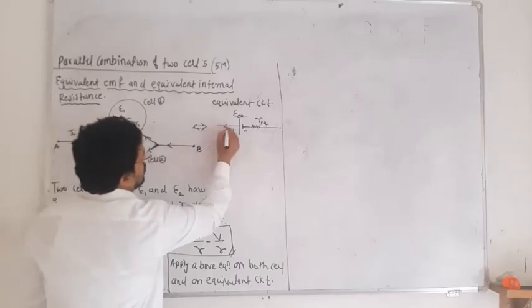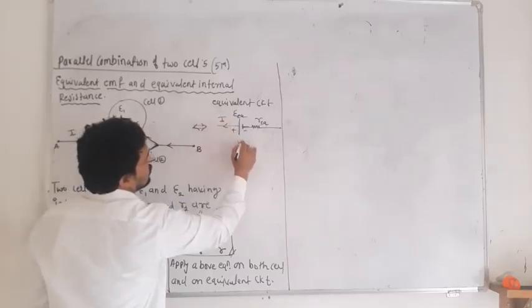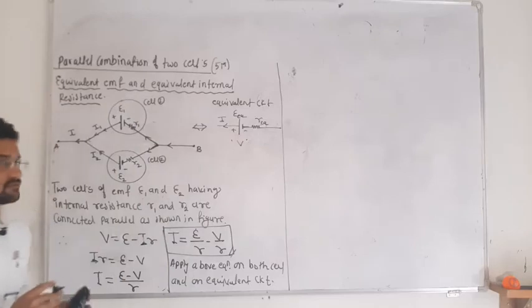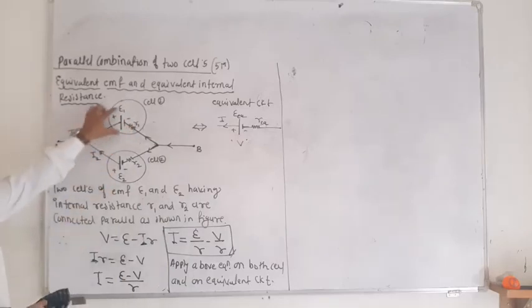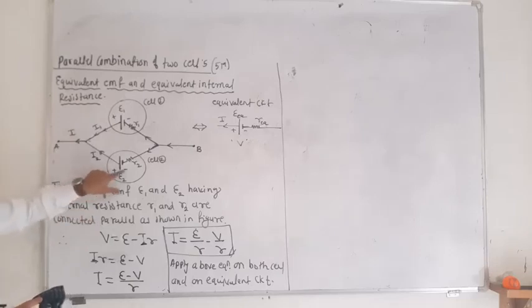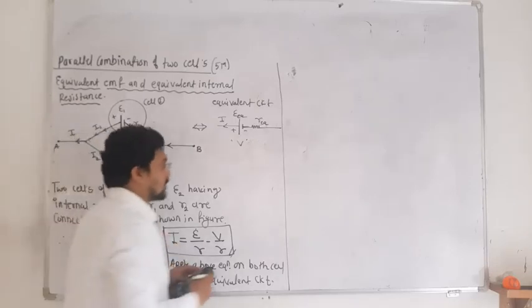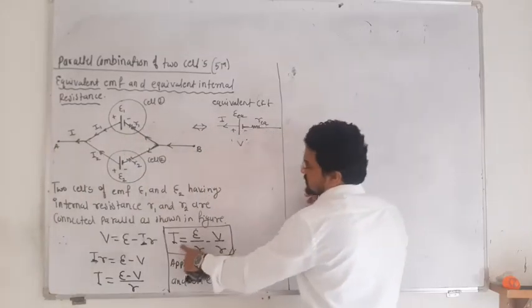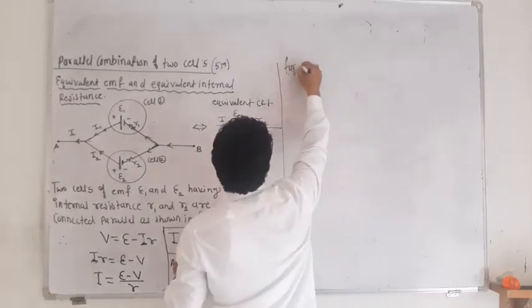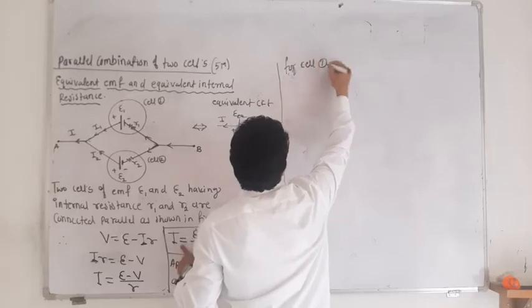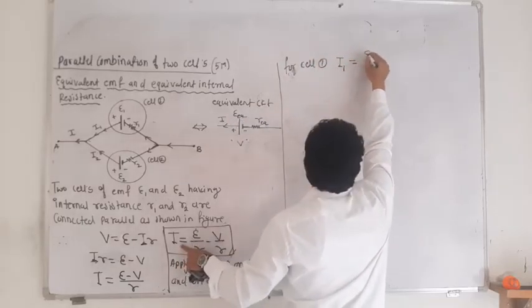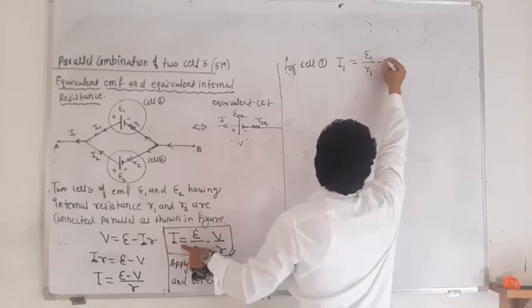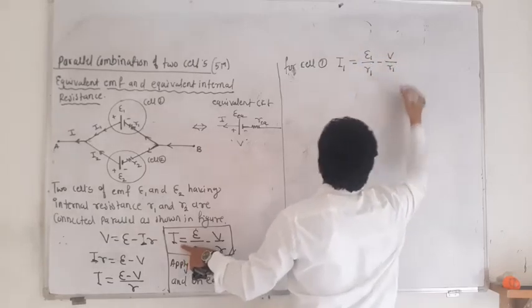Here the potential is V, the same on each cell. For cell 1 we have E1, R1 and I1, and for cell 2 we have E2, R2 and I2, with the same potential V in both cases. Applying the equation for cell 1, the current I1 is equal to E1 divided by R1 minus V divided by R1.